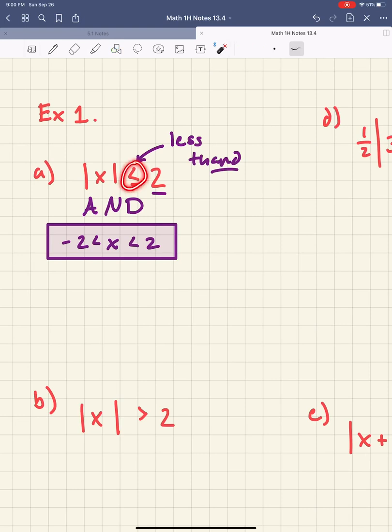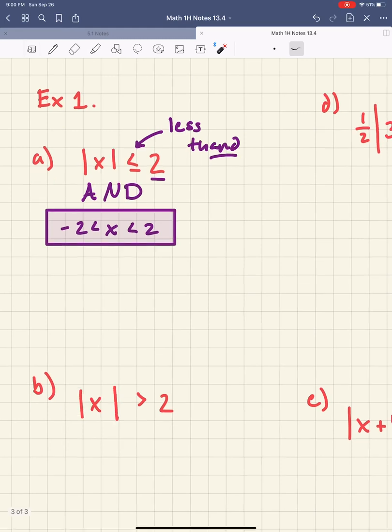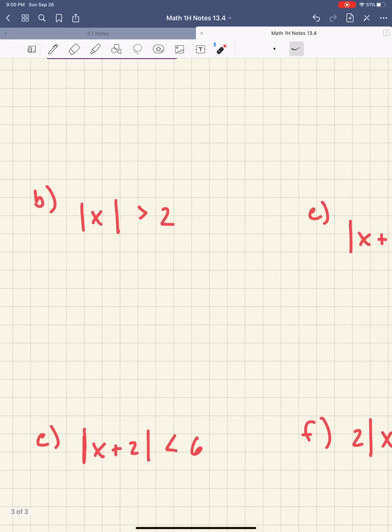So the symbol that we have here determines that we have an AND compound inequality. If you scroll down to the next one here, and we look at this symbol, now we have a greater than symbol. And remember from step 3b, it says if it's a greater than symbol, that's going to be an OR compound inequality. So this is going to be an OR compound inequality. This one's kind of tricky.